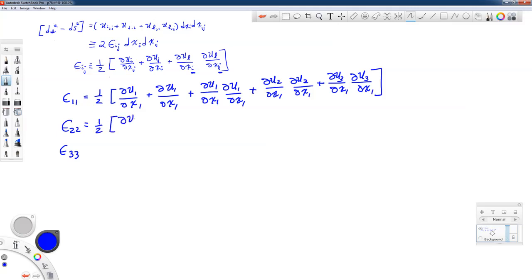Now u2 with respect to x2 and u2 with respect to x2, partial derivative there. Now we have plus.